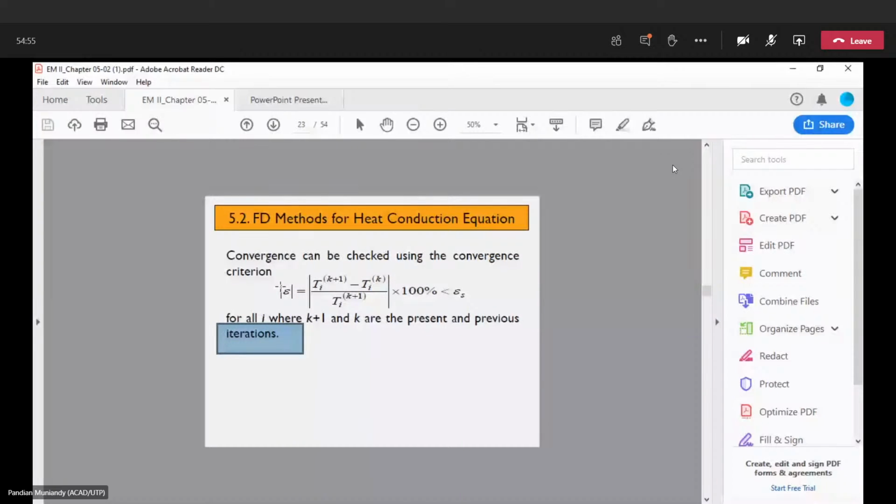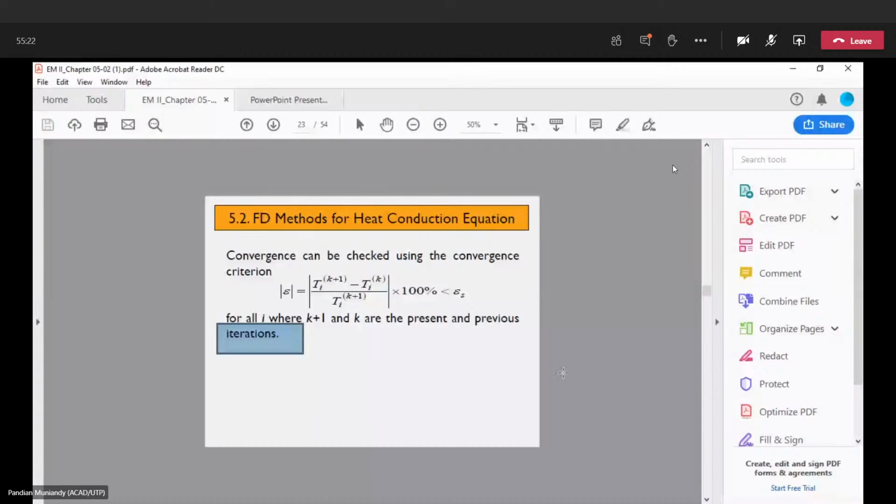If you look at the previous example, we already showed the error for temperature 1, 0.04%, temperature 2, 0.1%, temperature 3, 96.12%, temperature 4, 0.004%. That is for the implicit method.